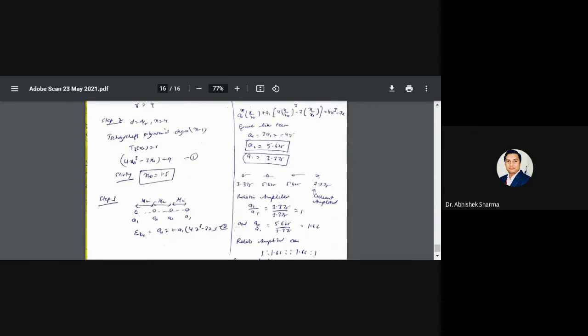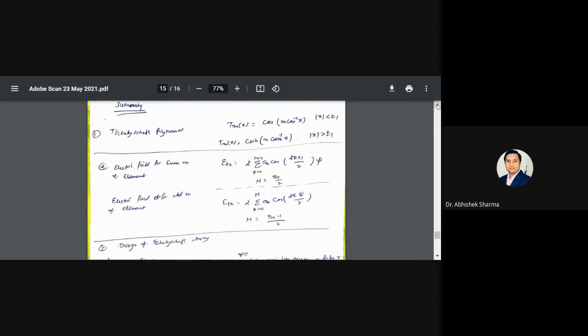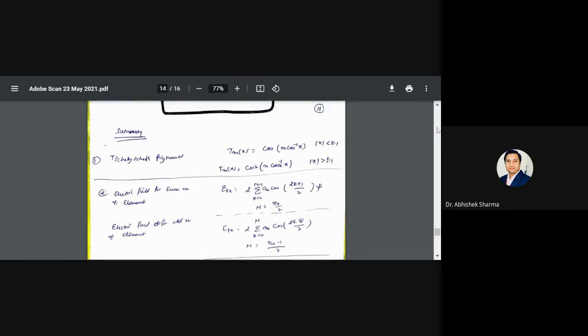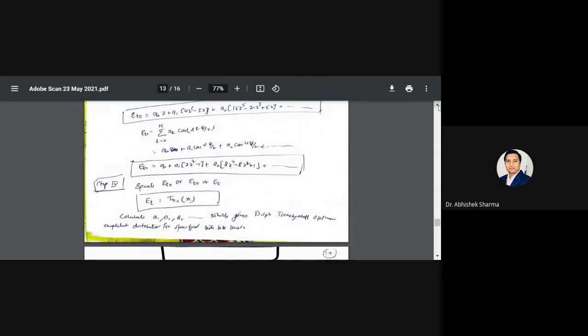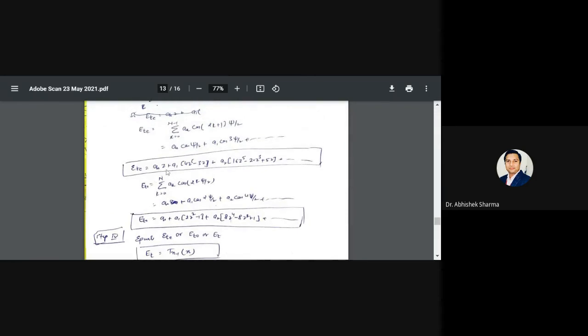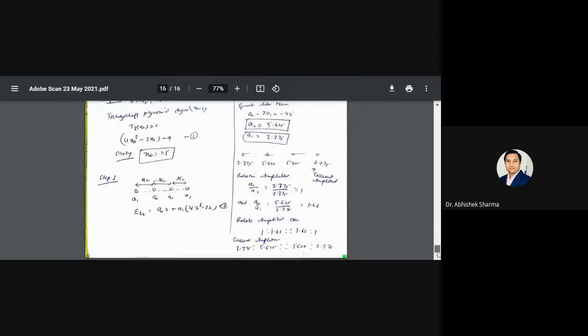We have got this from this, and we have duly written it over here: a naught z plus a1 (4z cube minus 3z) plus a2 (16z^5 ...) and so on. We have just solved it for this. So it is a naught z plus a1 (4z cube minus 3z).